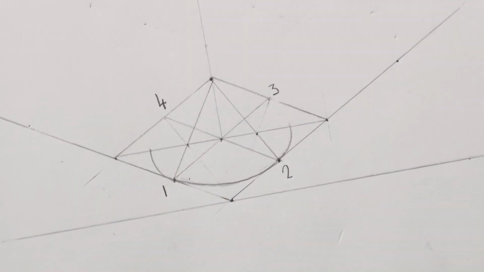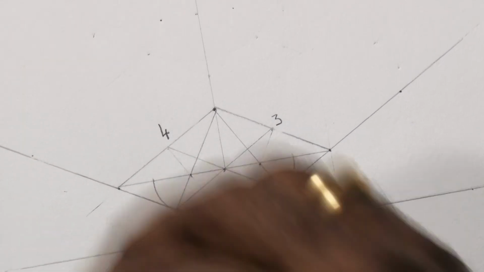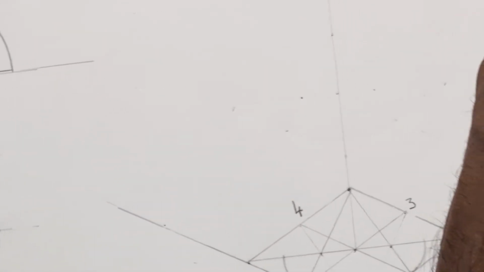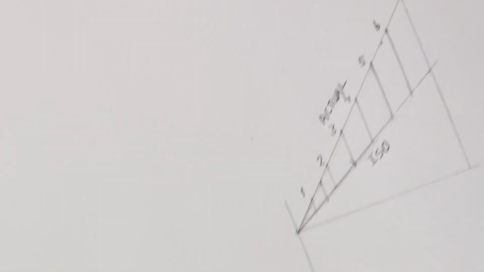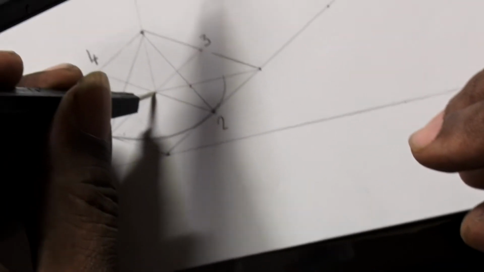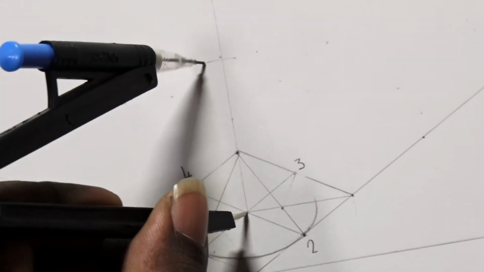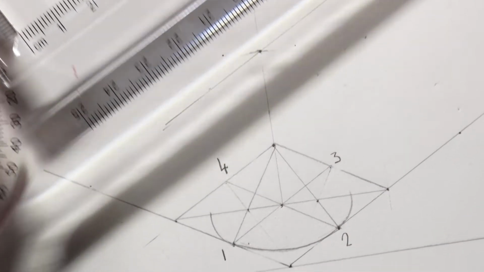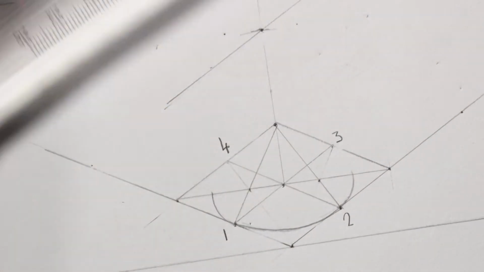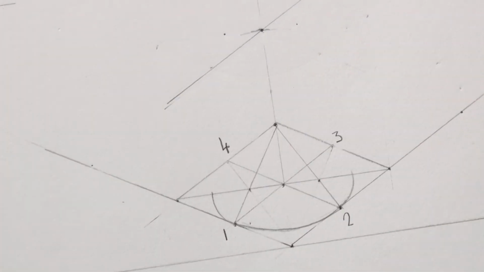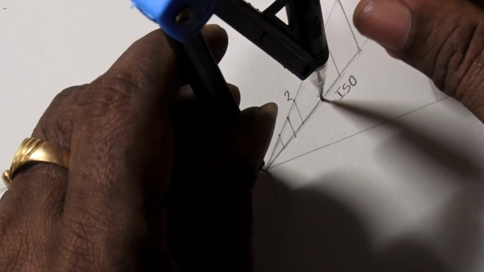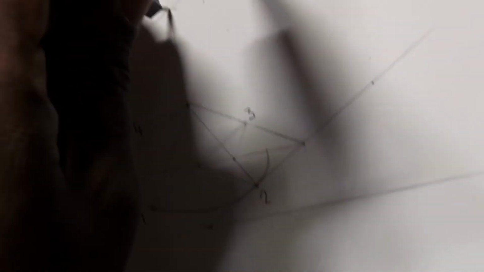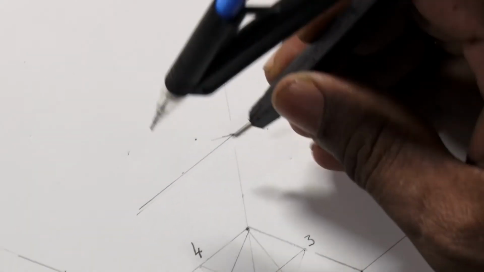Now about the isometric height, the height of the shank is 50 mm. So we take this isometric 50. Isometric 50 is taken. Line here. On either side we take spherical radius 30, so it is ISO 30. We take this 30, make arcs on both the sides.